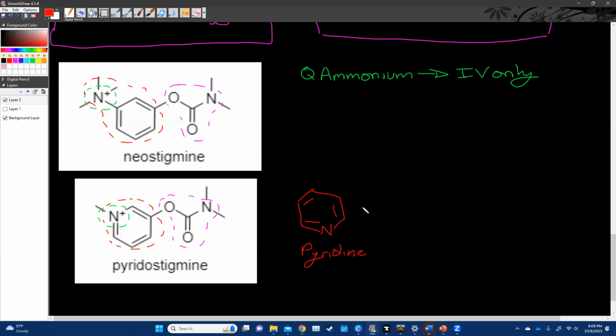Pyridine is very, very stable. So that means that we are going to be decreasing detachment a ton. So pyridostigmine has a much, much, much longer half-life and duration of action than the previous ones.